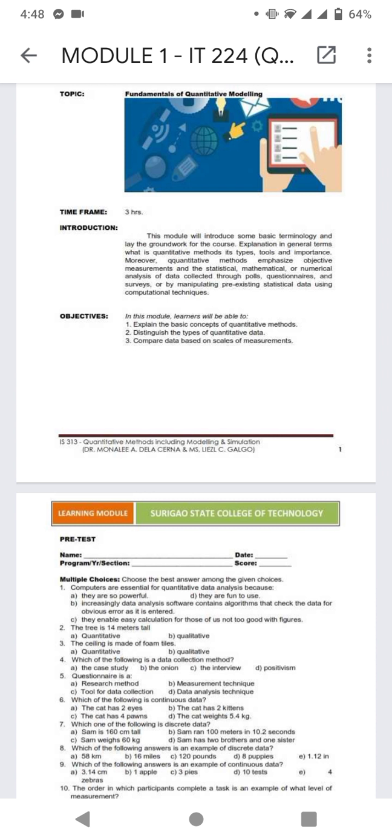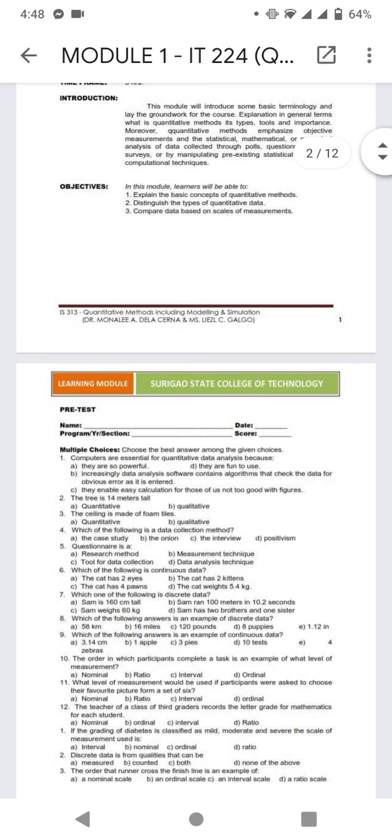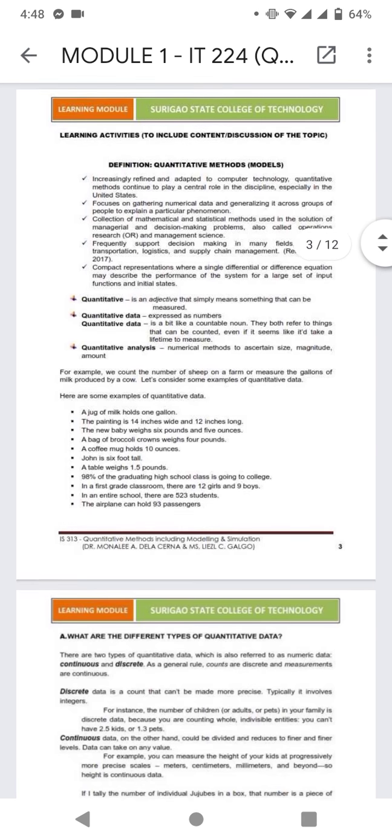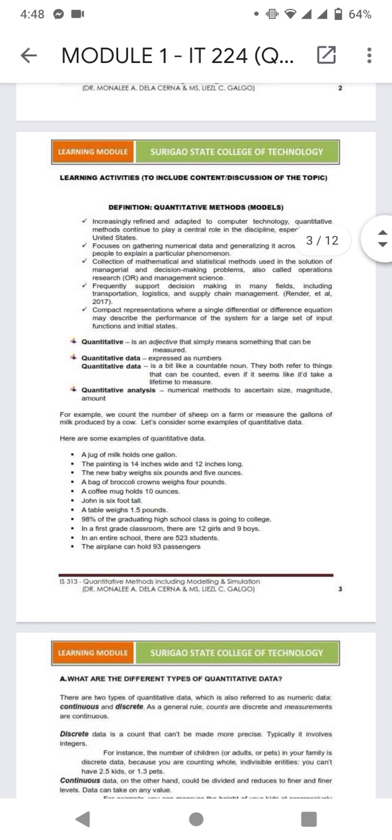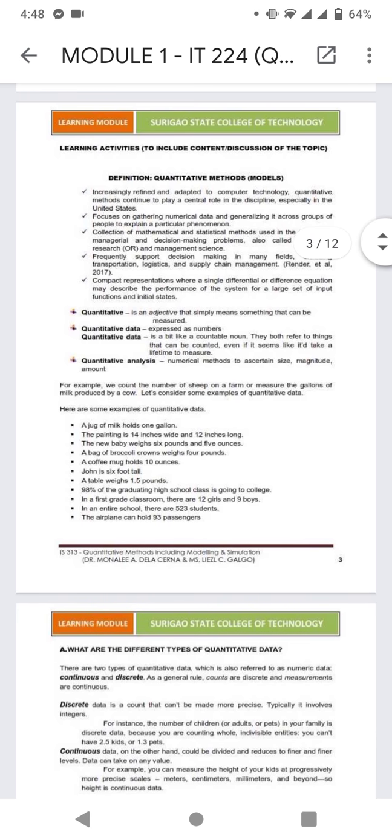Moreover, quantitative methods emphasize objective analysis of data collected through polls, questionnaires, and surveys. Everything in this module is about the definitions of quantitative methods or models.